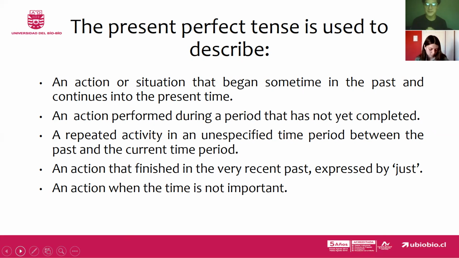It was so recent. And the last one, an action when the time is not important. For example, I've had breakfast. In this case, you had breakfast, but you don't specify how many times you had breakfast in this week, in this month, in this year. It doesn't matter.